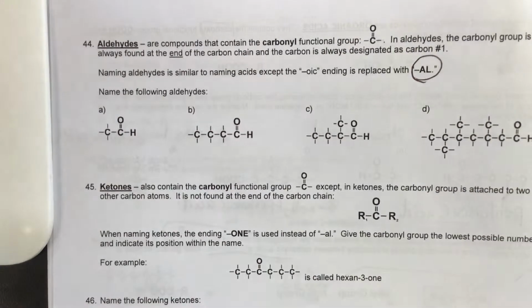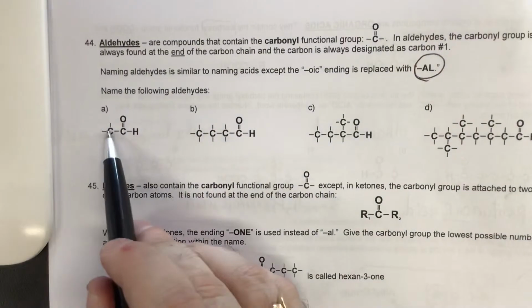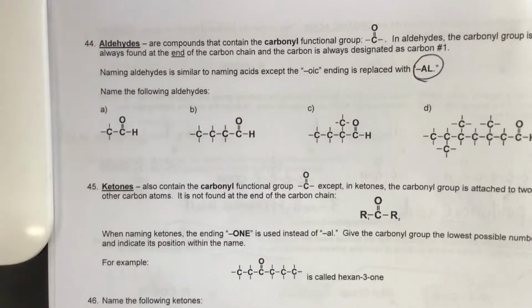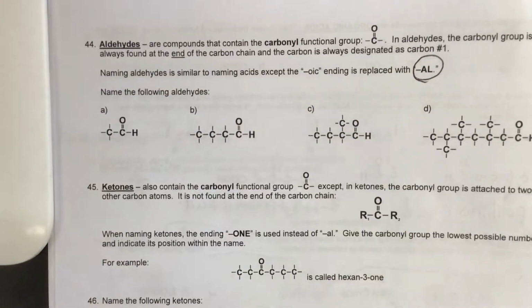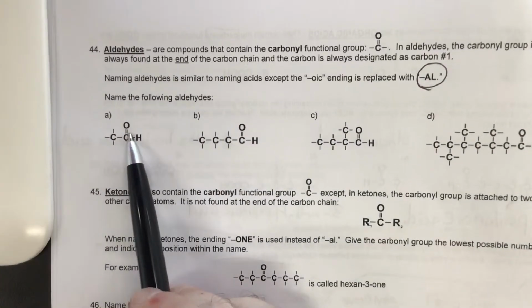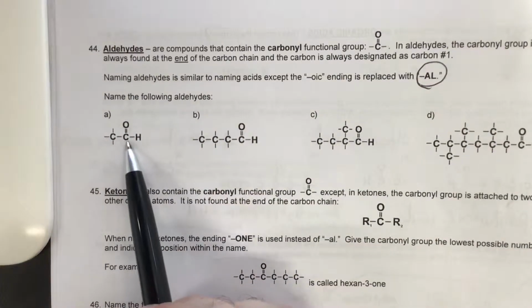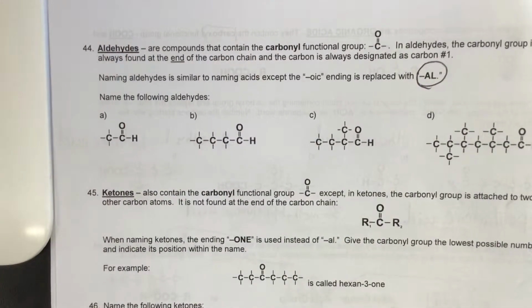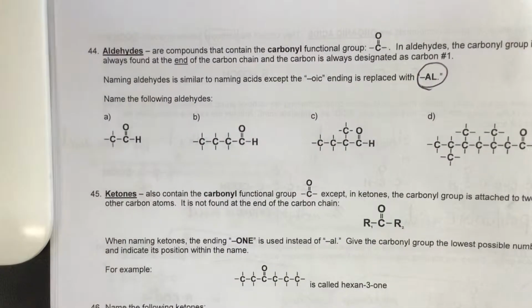So let's try and name the following ones. So we've got 2 carbons. The first thing we have to do is recognize that it is an aldehyde. So I notice I've got this double bonded oxygen and it's on the last carbon. Okay, it's either on the first carbon or the last carbon, but it doesn't matter. That will always be carbon number 1.